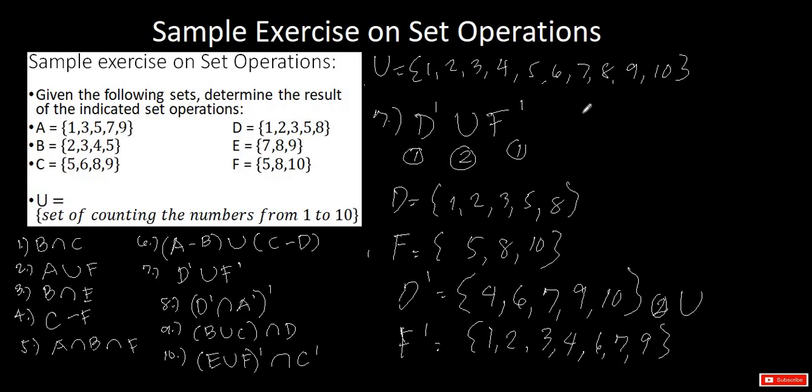First we list the elements of D complement: 4, 6, 7, 9, and 10. Next, we list the elements of F complement that are not found in D complement: 1, 2, 3. Only 1, 2, 3, because 4, 6, 7, and 9 are already in D complement.